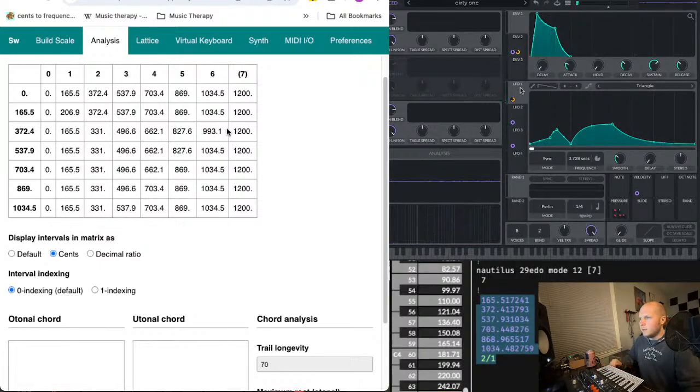We have 3 of those interesting minor wolf chords, whatever you want to call these. And then we have a couple actual minor chords, in that 23 prime limit minor third.